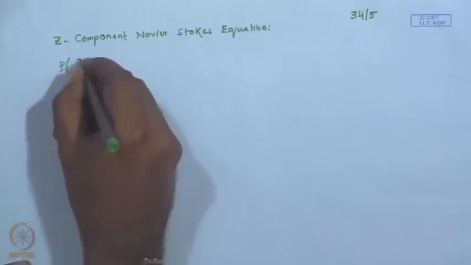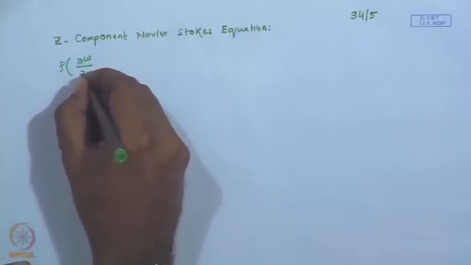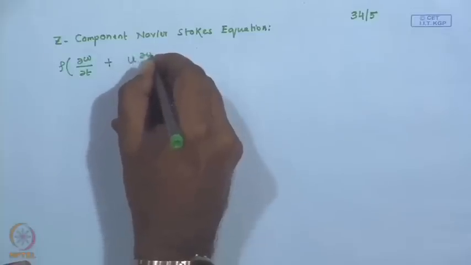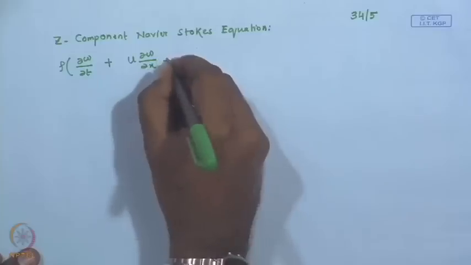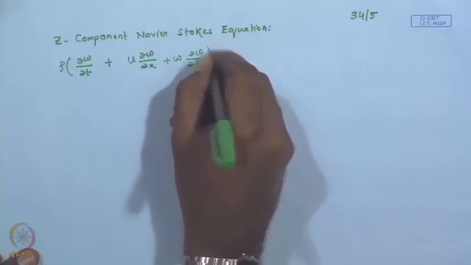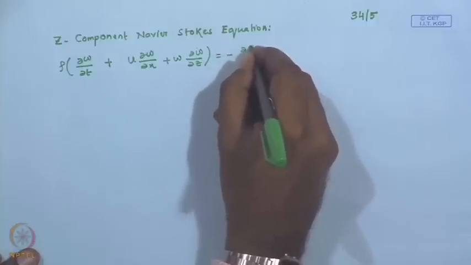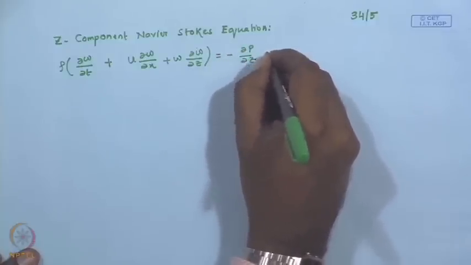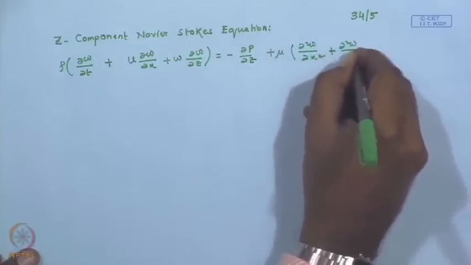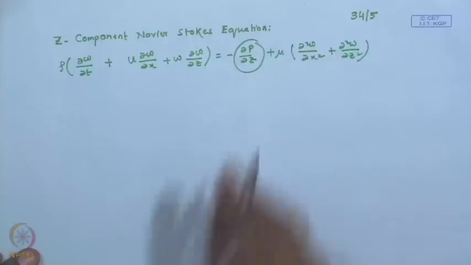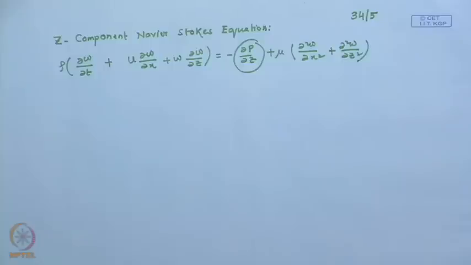And the equation is del w del t plus u del w del x plus w del w del z, and we have used the expression of the non-gravitational pressure combining p and phi straight away.